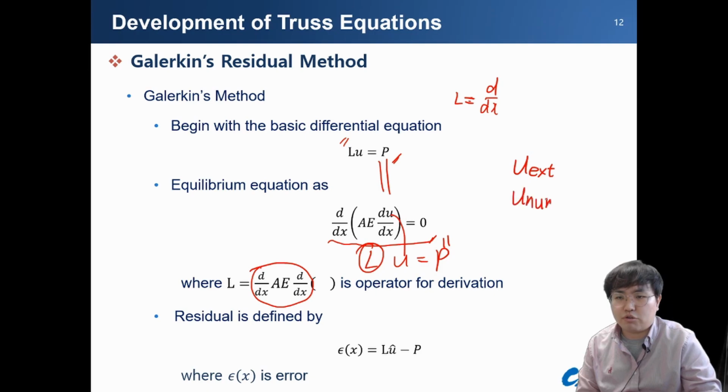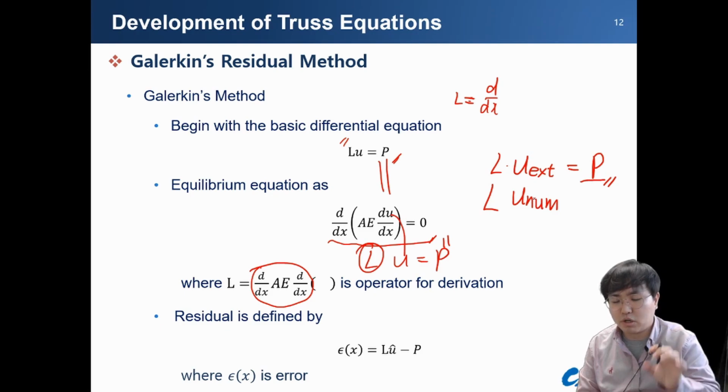This is a numerical solution. If we obtain the exact solution after applying this operator, we obtain this phi value exactly. However, if we have a numerical solution containing some error, it is slightly different. It is hard to say that this exactly becomes P.